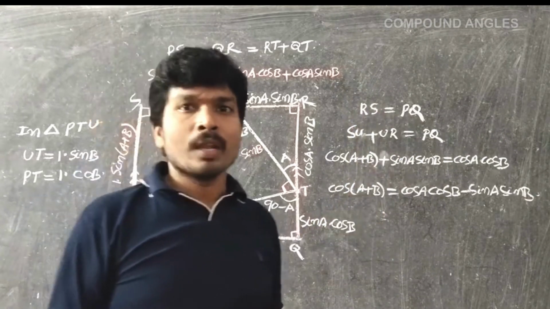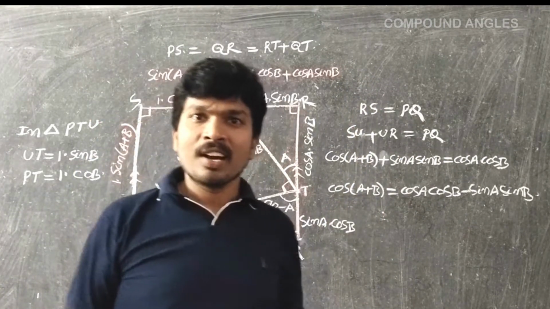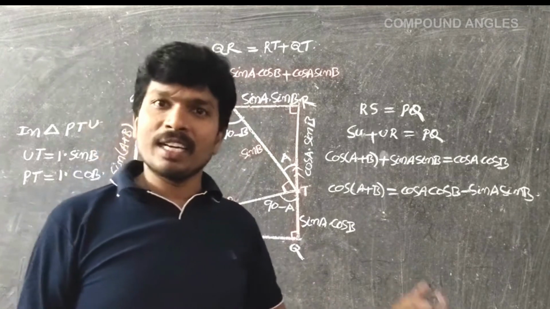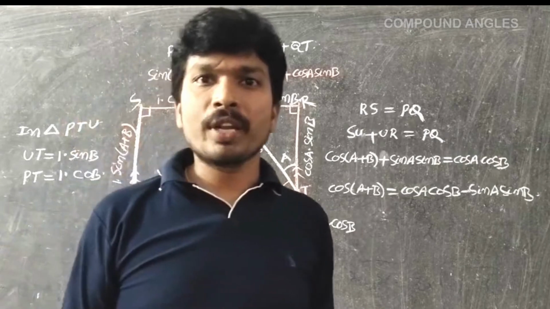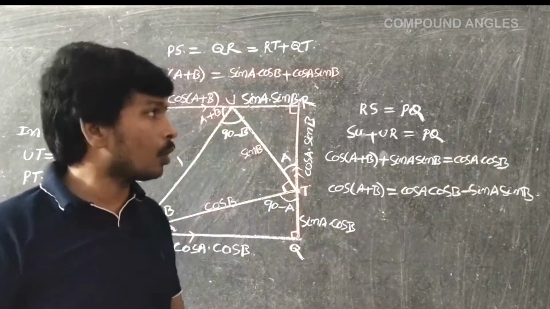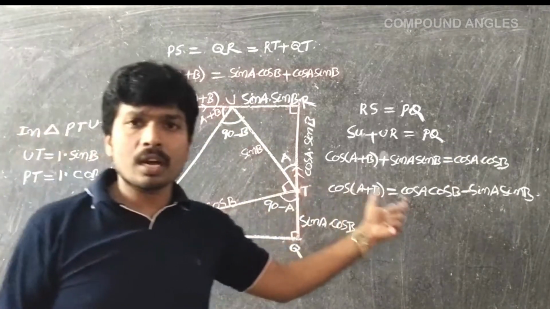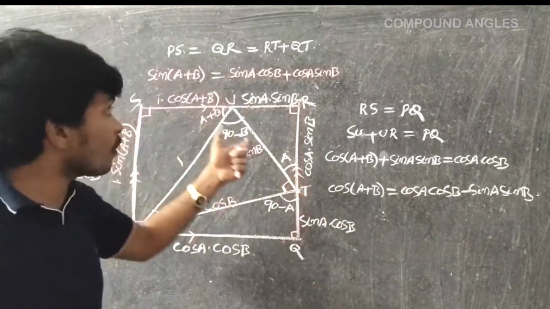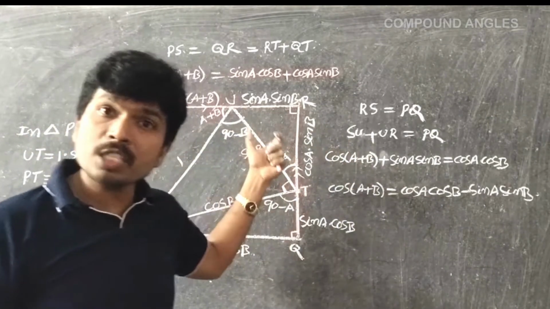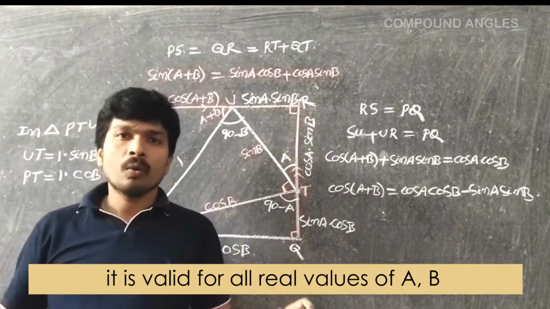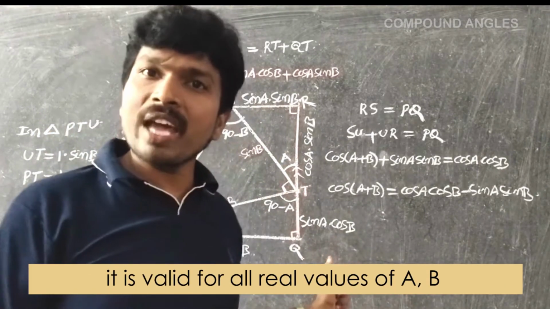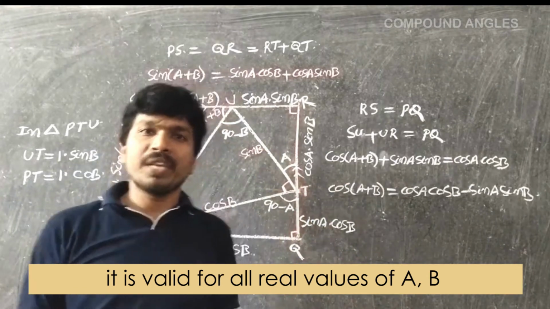So the output is always defined. If the output is defined, then definitely you can take any input, any two real numbers. So cos of A plus B is equal to cos A cos B minus sin A sin B. Sin of A plus B is equal to sin A cos B plus cos A sin B. It is valid for all real values of A, B.